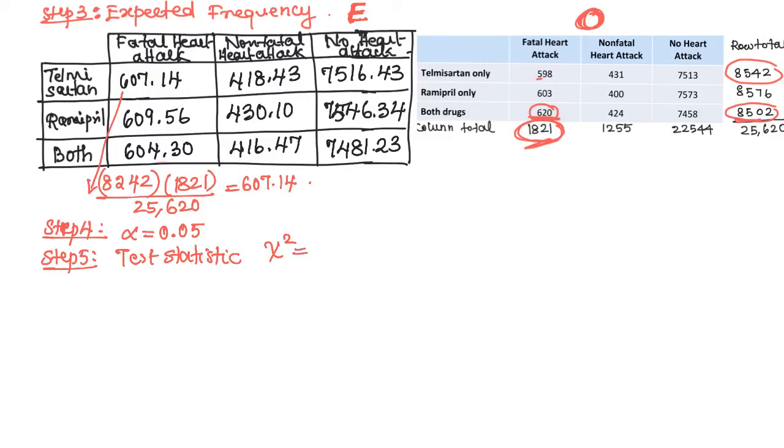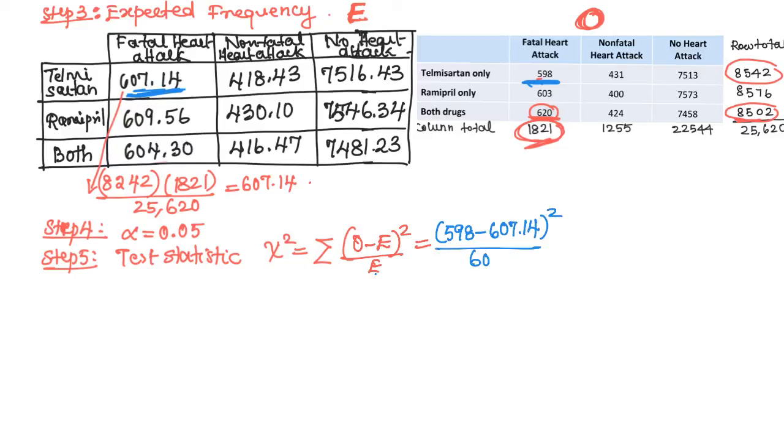That is chi-square, so sigma (O minus E) whole square divided by E. So you can use this value from this table, this value minus this one square divided by the expected value. So first one will be (598 minus 607.14) square, then divided by 607.14.